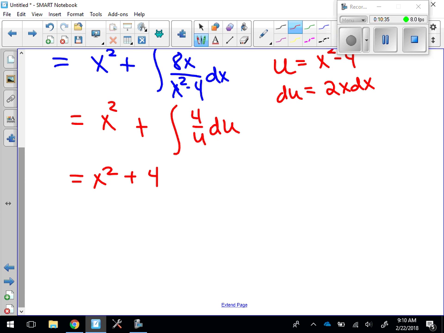So I can pull out that 4. So what I really have is du over u. In fact, we'll even write that down. And can I solve the integral of du over u by inspection? I just pulled the 4 out. And so what's the integral of du over u, Gianni? No, not u, when it's 1 over u.